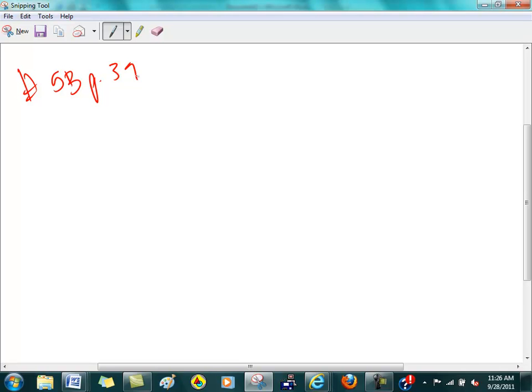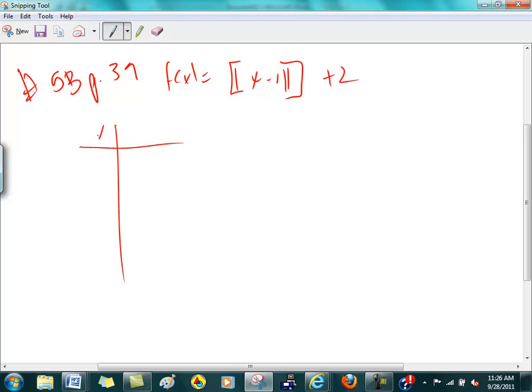Number 53, page 39. Graph f(x) equals the greatest integer function of (x minus 1) plus 2 by hand. By hand. So for the greatest integer function, what you want to do is make an xy table. Instead of whole numbers, make it like 0.5s.